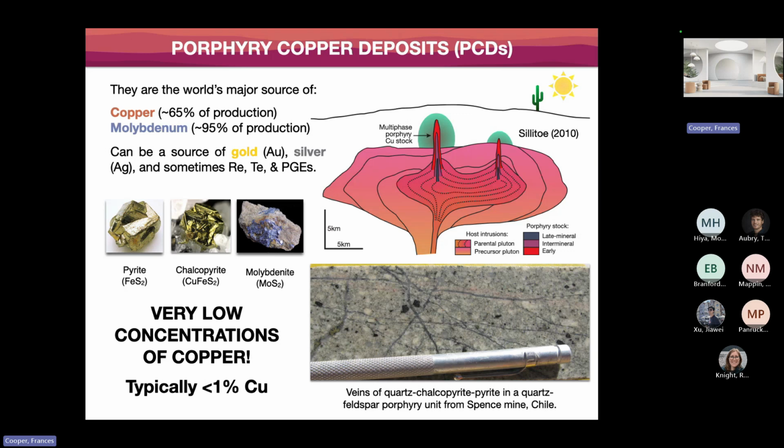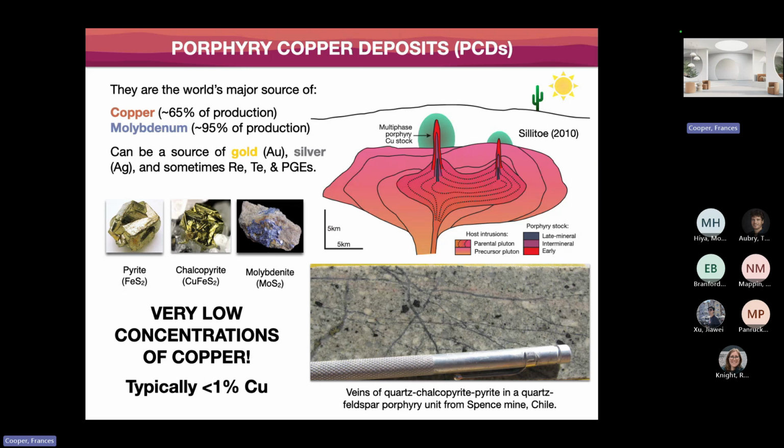And the copper is primarily hosted in sulfides, like chalcopyrite, which is the primary sulfide in the formation of these deposits, and the molybdenum tends to form in what's known as molybdenite. They also have a huge amount of iron sulfide in them, pyrite, which is going to be very important for what we're thinking about today.